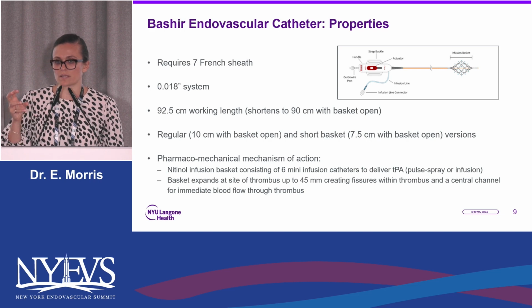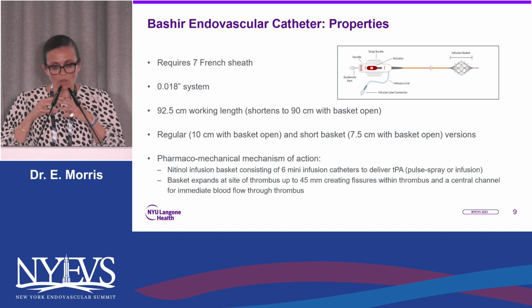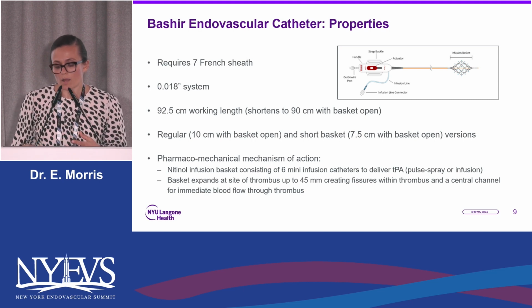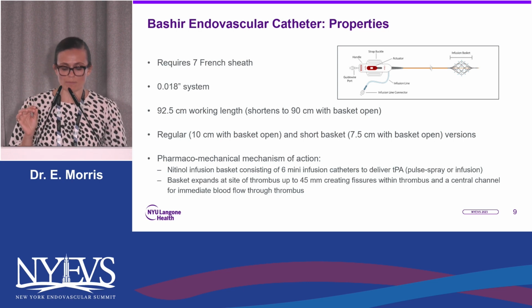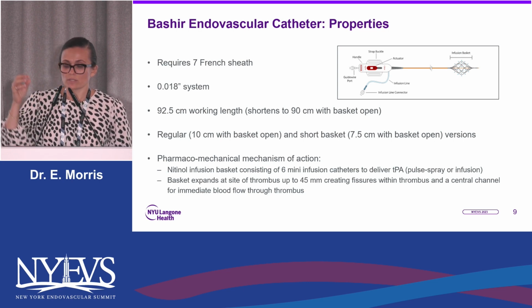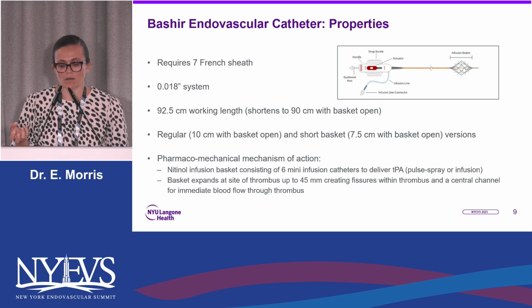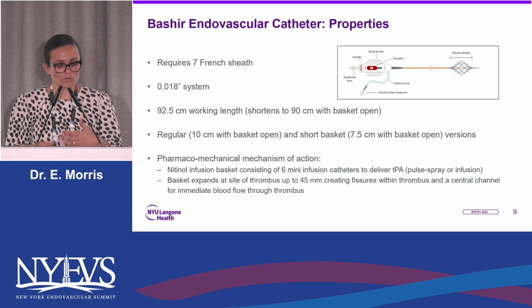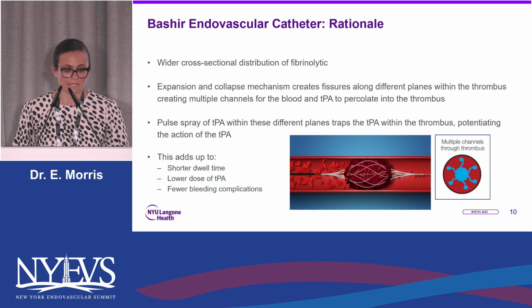And the thought process there is that as the basket expands with all of these different limbs, it creates fissures within the thrombus and sort of bores a central channel through the thrombus, which allows not only the TPA to instill within the thrombus in a more effective manner, but it also allows blood flow to be restored, allowing your endogenous fibrinolysis pathway to be activated.